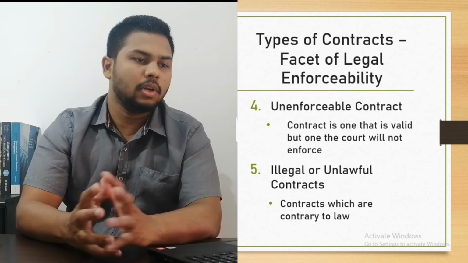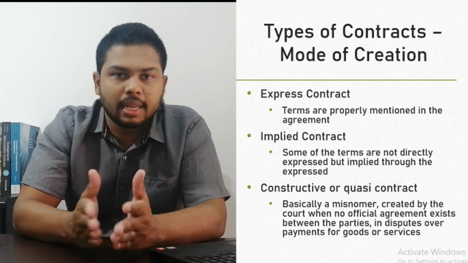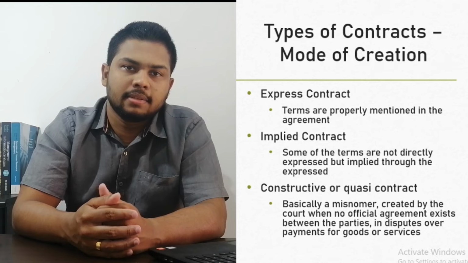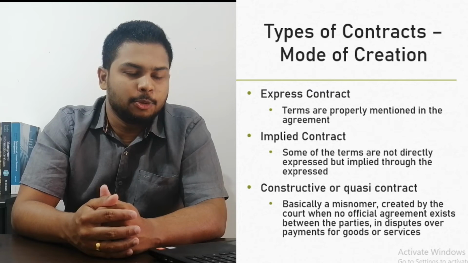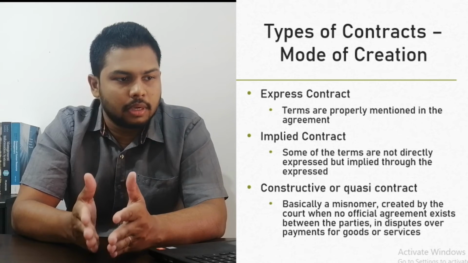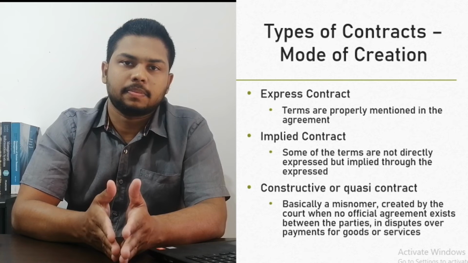Then the next one is all about the mode of creation. Based on the way a contract is created, you can classify the types of contracts. The first one is the express contract, where all the terms and conditions are mentioned in that particular contract.